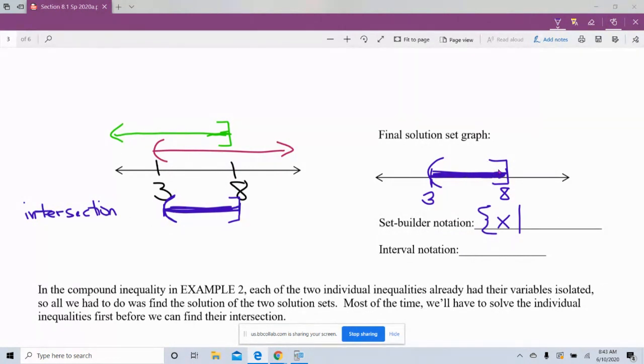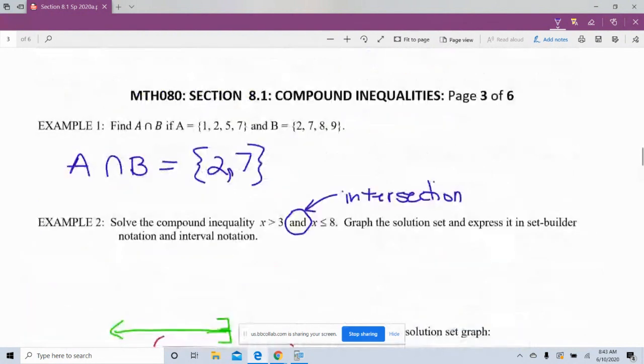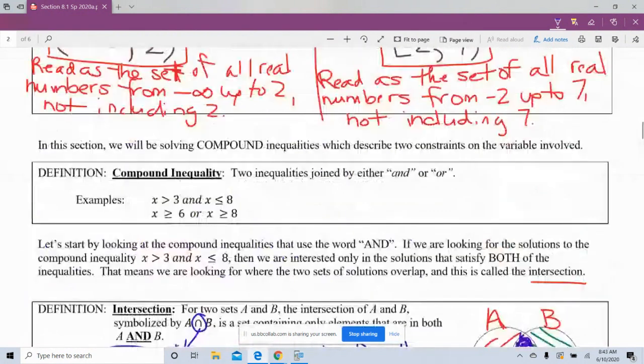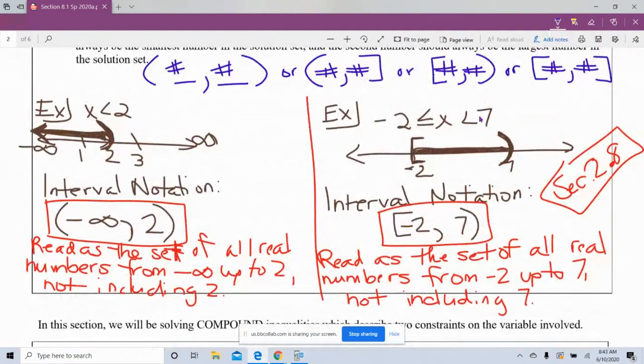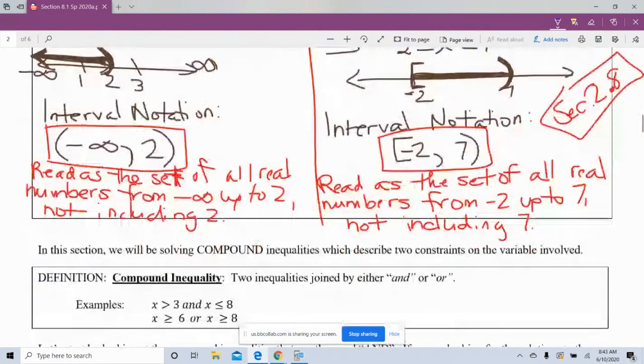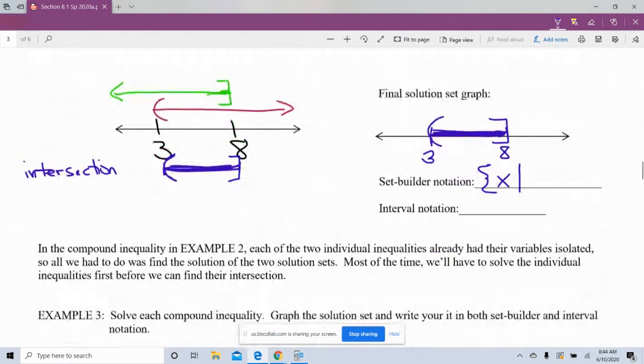And you may recall that when you have this interval where there's a definite numerical beginning and a definite numerical ending, and it's shaded in between those two, those inequalities look like this, where you have the small number on the left, the variable in the middle, and the big number on the right. And it's always either an is less than symbol, or an is less than or equal to symbol in both places. So that's what I'm going to be doing down below in example 2.